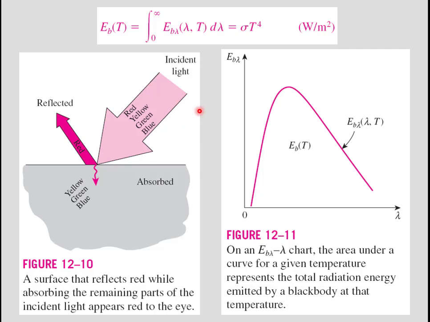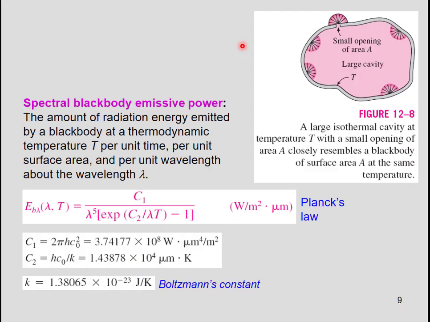Actually, we can calculate this energy from this graph. As you may know, the area under this curve will give us the black body radiation energy, E_b(T), which we have already introduced.